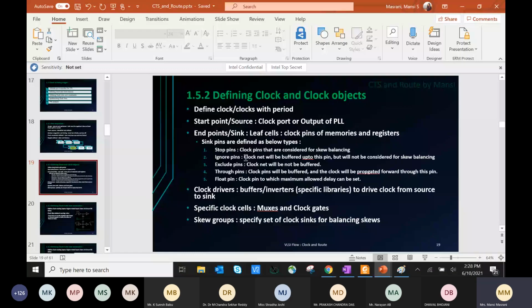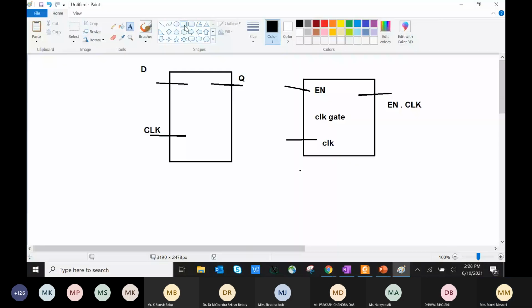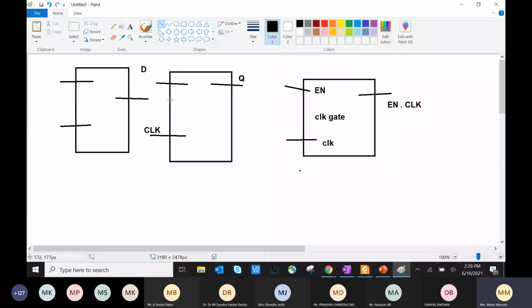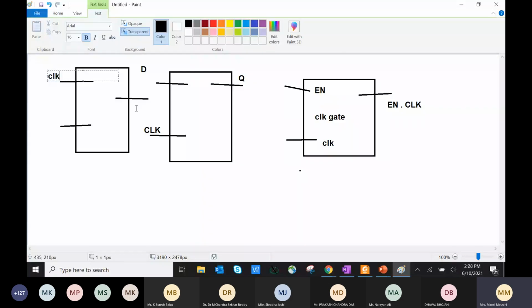Okay, let's talk about it. I'm clearing this all out because this will help you understand the clock more. I'm going to draw a 2x1 mux over here. This is my actual clock of the design. Did you guys go through the DFT session? Here there is going to be a select pin.